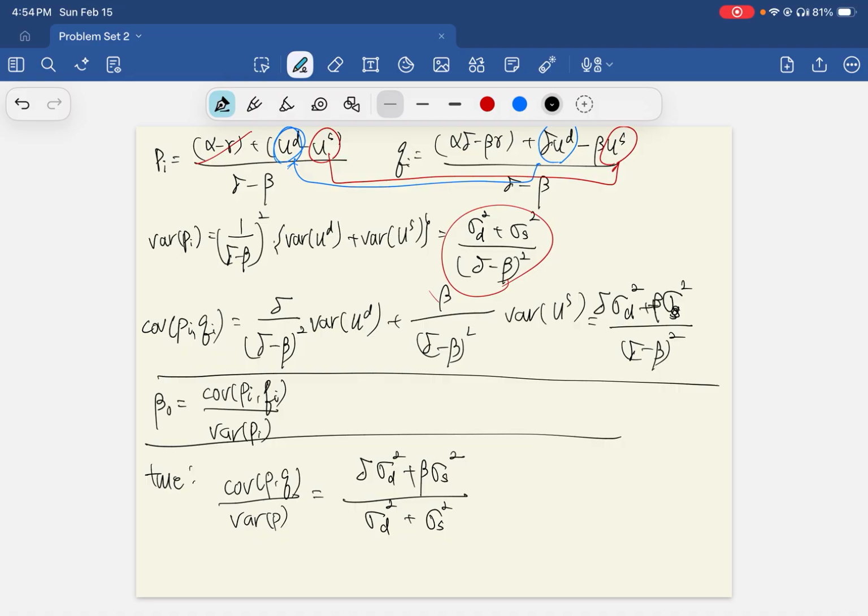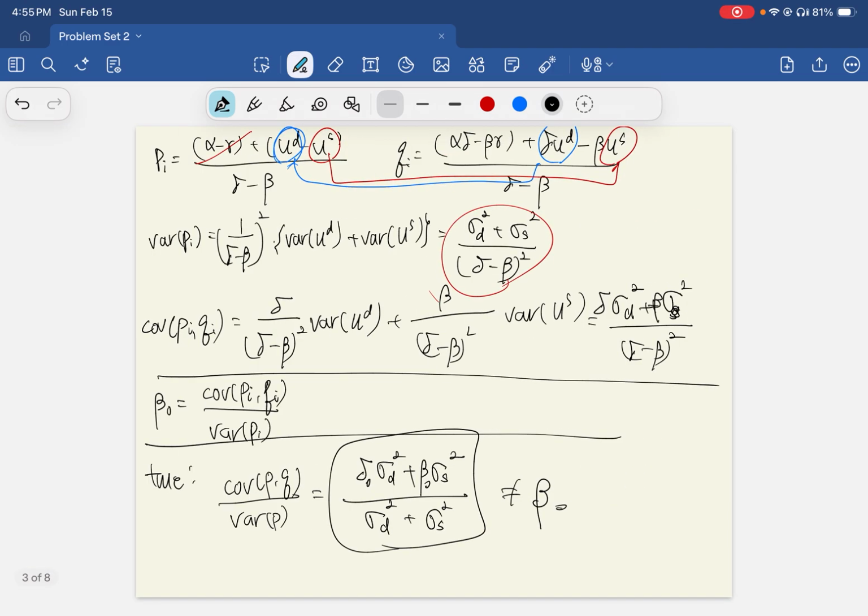So the denominator, delta minus beta, cancels out. Of course, as you can see, it's not beta_0. The coefficient is determined by both the supply and the demand functions. So if you just wanted to calculate the demand function, it does not work.